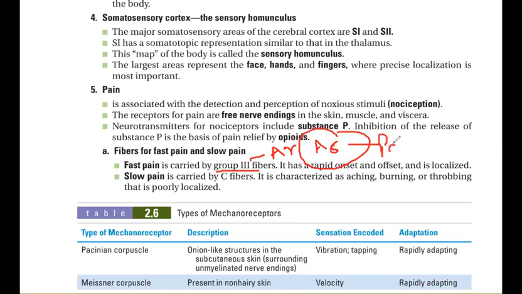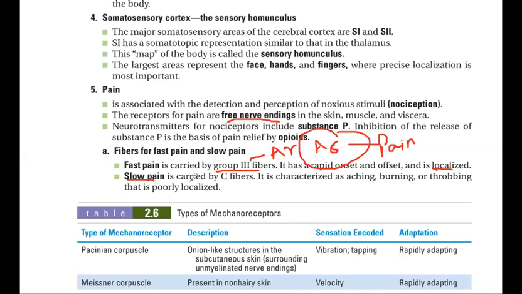Not all fibers in one group deal with a particular sensation. This one is dealing with other sensations, and this with others. So A delta is dealing with your pain in group 3. It has a rapid onset and offset, obviously because they are fast, and it is localized, so present only at certain regions, specifically at the free nerve endings of your skin, muscles and some viscera.